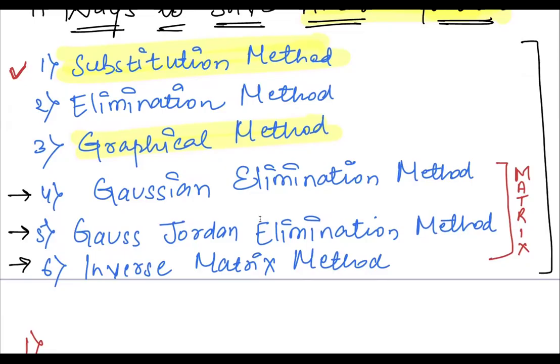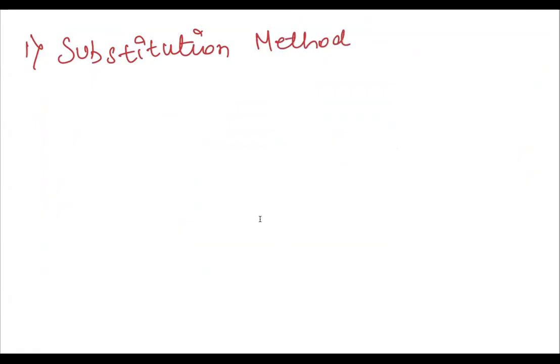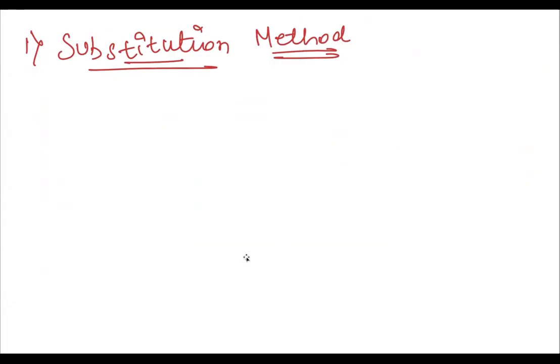All right. So let's understand the very first method, which is called the substitution method. This is a very simple method. Believe me, this is one of the simplest methods you will come across.